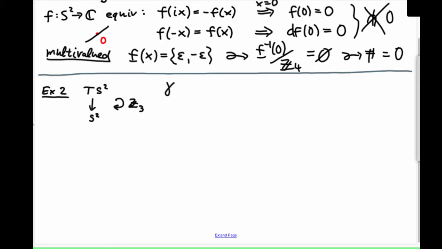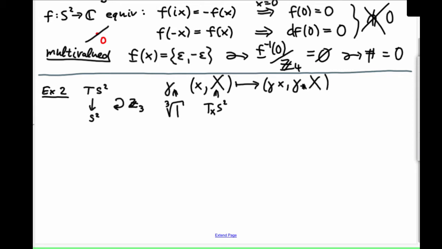In the same identification as third roots of unity, gamma now acts on a base point x in S2 and a vector at Tx S2 simply by multiplying x, or rotating, and pushing forward the tangent vector with that same action, whatever that might be.